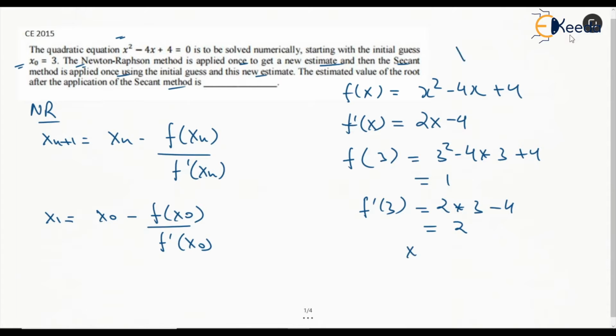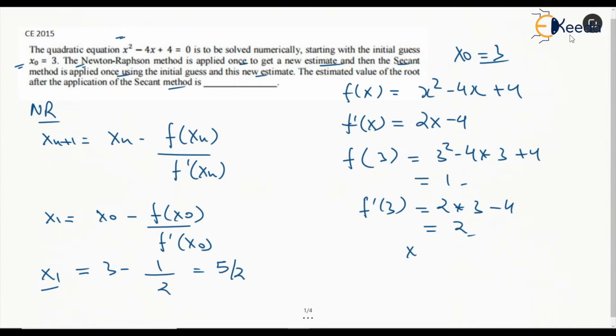I'll write it here. X naught is equal to 3, which means this is going to be 3 minus f of x naught, which is 1, by f dash of x naught, which is 2. So this becomes 5 by 2. This is x1, right? So this is our first estimate after applying the Newton-Raphson method.